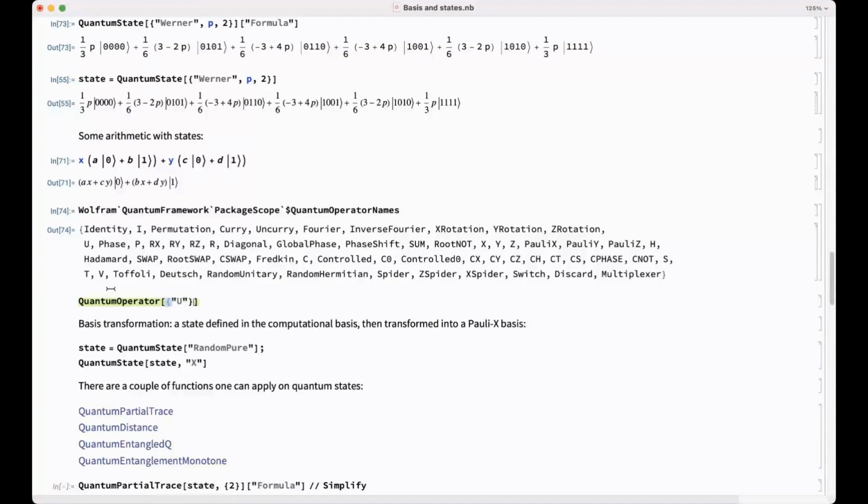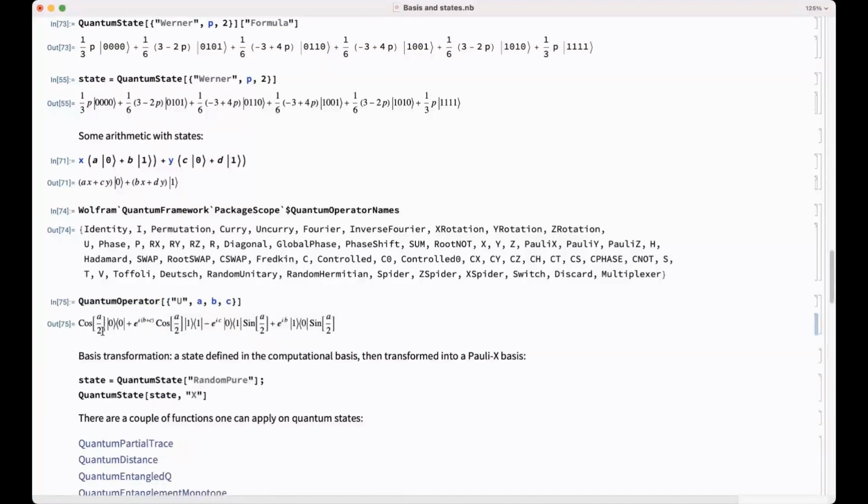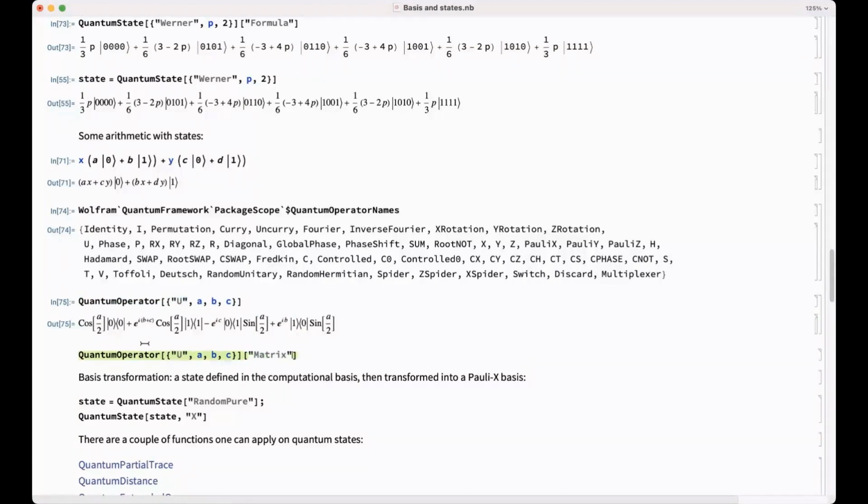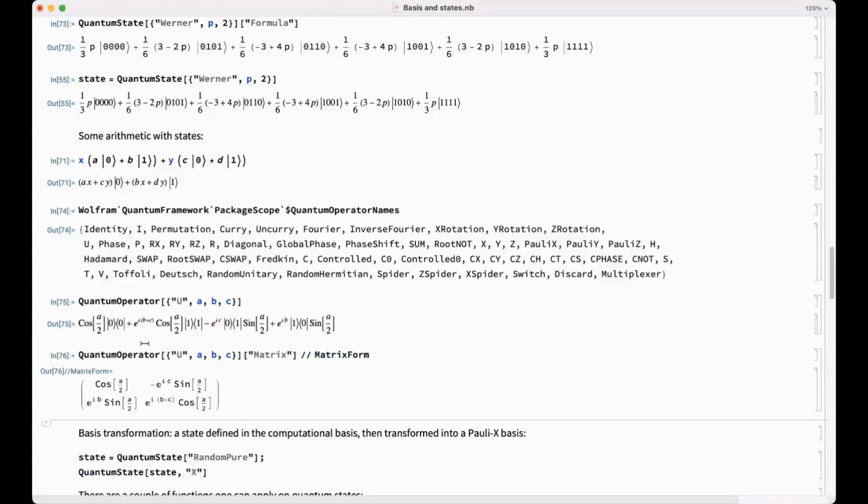I think it takes 3 arguments. I'm going to create a quantum operator like that, which may be the familiar matrix form to you. This is an operator of the unitary thing. It's a usual representation, a very common quantum operator, a quantum gate, a parametric one. You can construct any single qubit gate using this one, up to a global phase, I believe.